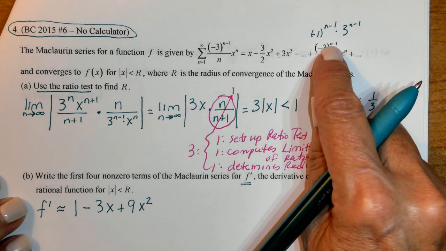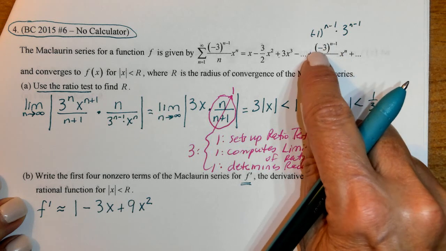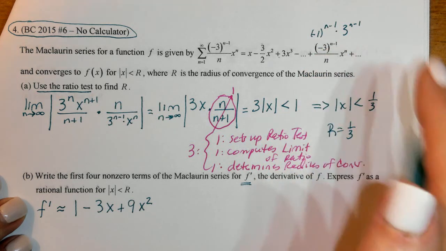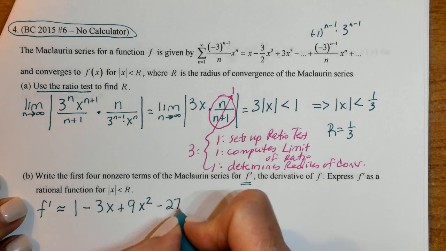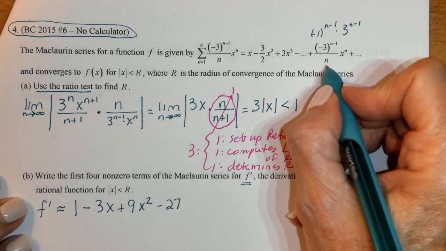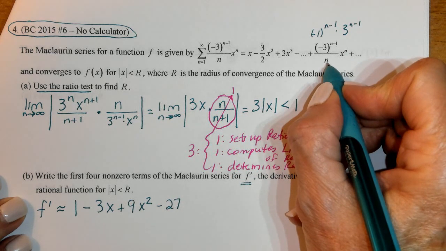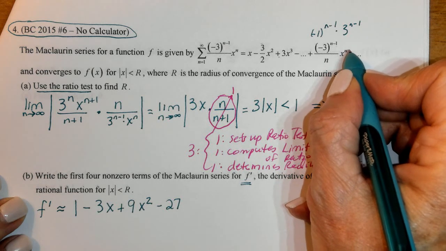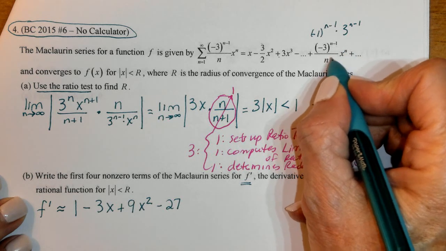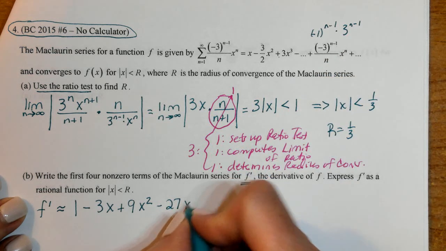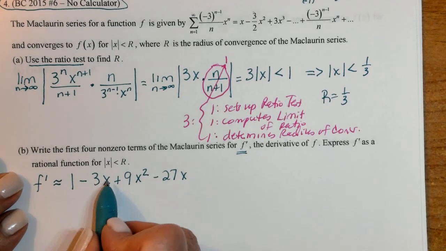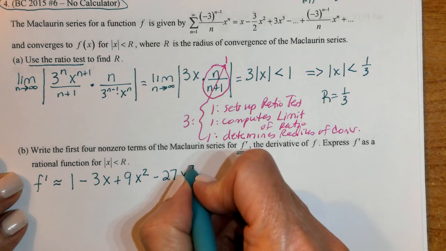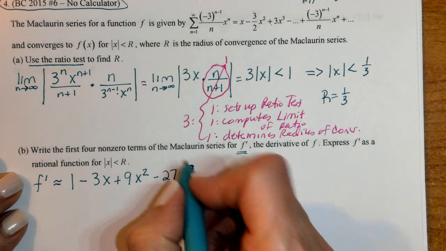So we would have -3 cubed, which would be -27. But then we'd have x to the 4th, and when we multiply that 4 down, it would cancel out with this 4, so that would be an x. Did you see that it would be a -27x cubed here?